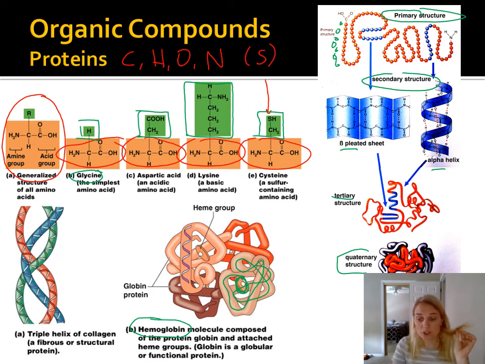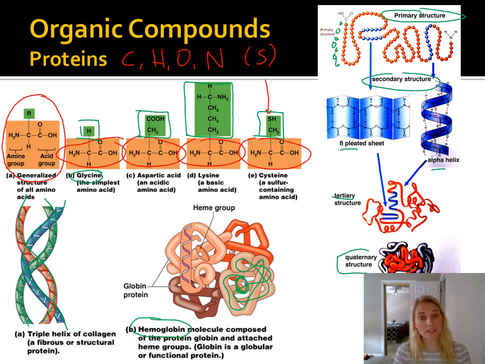Or collagen, which is in your hair and your skin and your nails, is 3 long linear protein chains. That would be a quaternary protein of 3 tertiary structures all twisted together to make that nice, strong, fibrous protein called collagen, part of your connective tissues and hair and nail and bone.